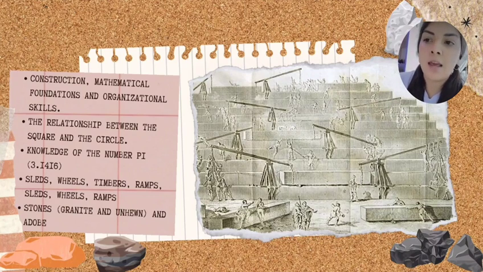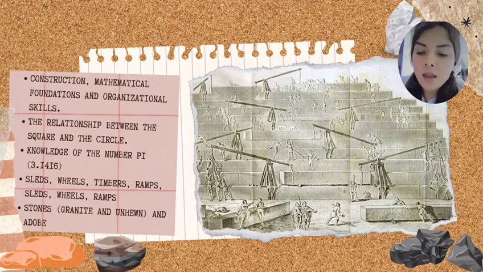For example, the height and inclination of the pyramids reveal a knowledge about the relationship between the square and the circle, which can only be solved by the knowledge of the number pi, 3.1416, which gives us the relationship between the radius of the circumference and its length.